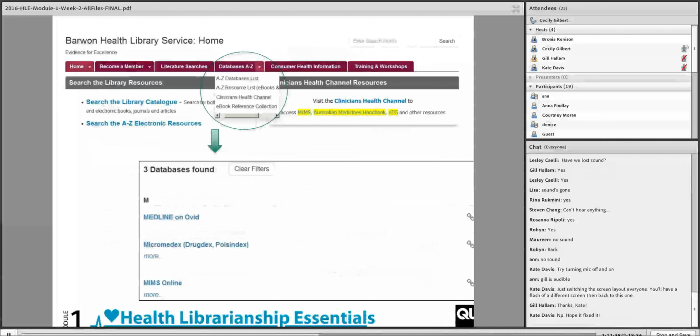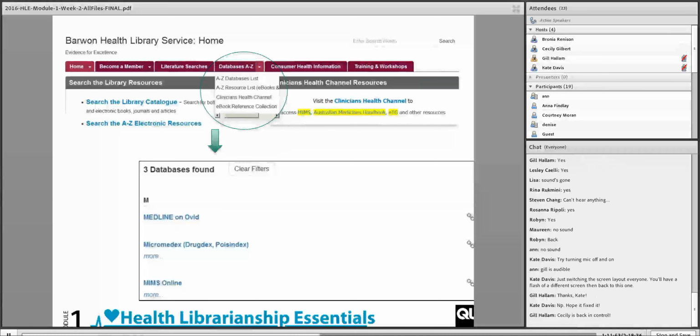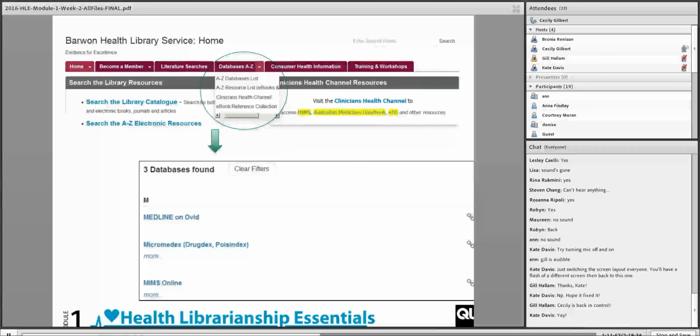Under that tab, if we go to the next screen, the databases tab lists material which is purchased by Clinicians Health Channel and also material that's purchased by Barwon Health and presents them in one integrated list. So clearly taking Mr. Ranganathan's fourth law, making it easy for the user, the idea is really strongly made that it is possible for one site to allow people to view resources from disparate providers.